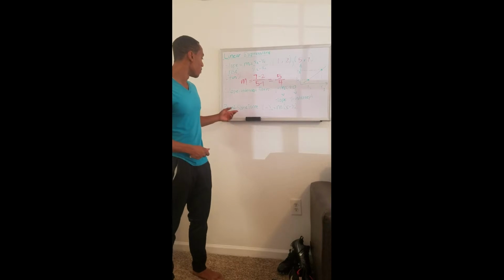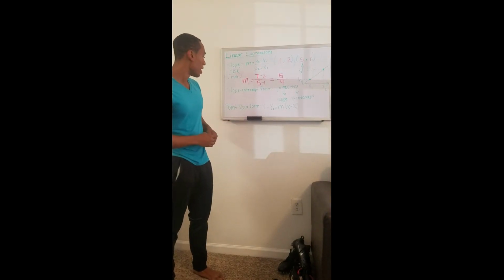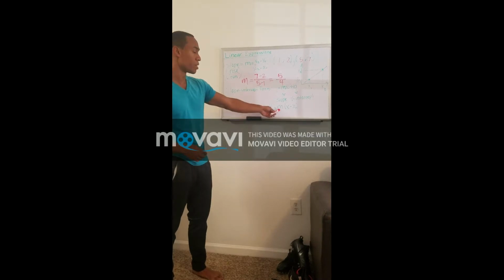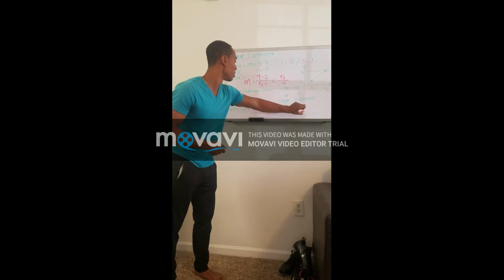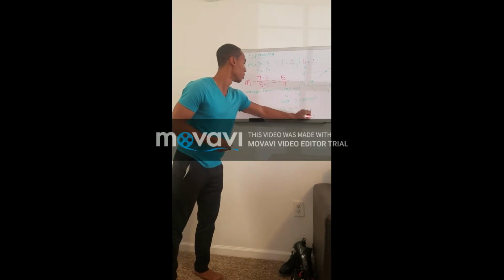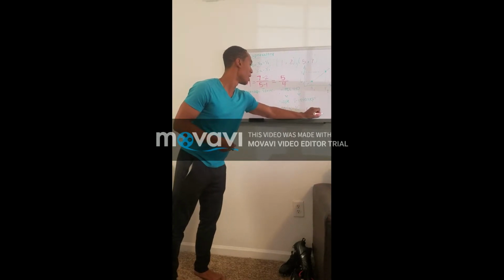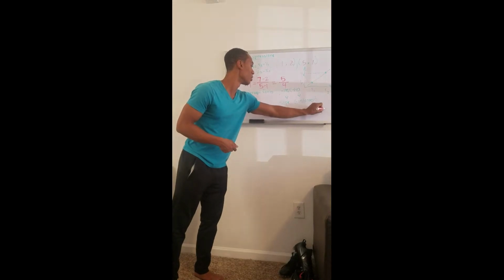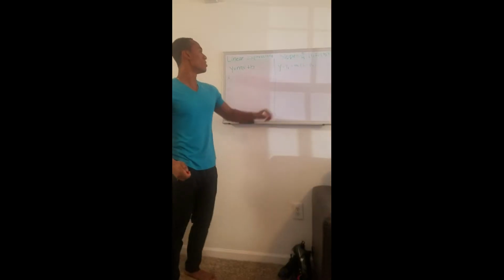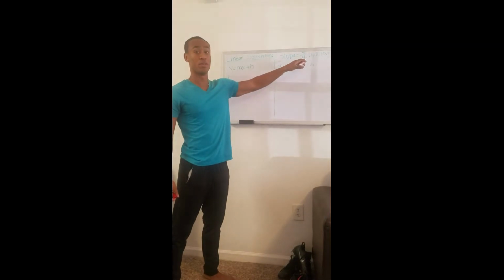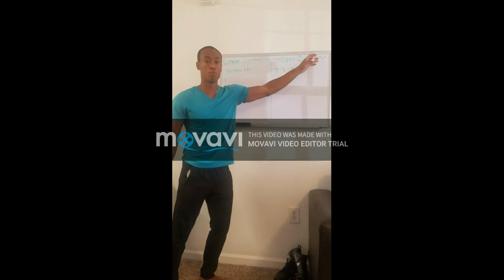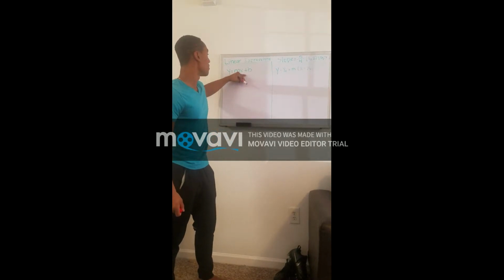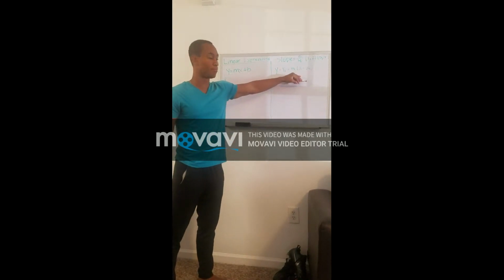The next form you'll find lines in typically is point-slope form. And you have your slope here again, m, and you have a point, x1 and y1. So given these 2 points and the slope that we found given the slope formula, we're going to write the line connecting these 2 points in slope-intercept form and point-slope form.